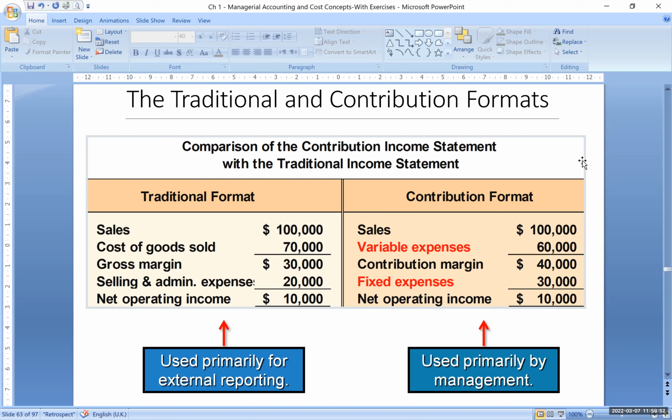For the managers, they put a consideration on the variable expenses in order to calculate the contribution margin. So we need to know the contribution format for the income statement. Simply, we will deduct the variable expenses only from the revenues. And by the way, all variable expenses, either related to manufacturing or non-manufacturing, in order to calculate something called contribution margin. And then we will deduct the fixed expenses in order to calculate the net operating income.